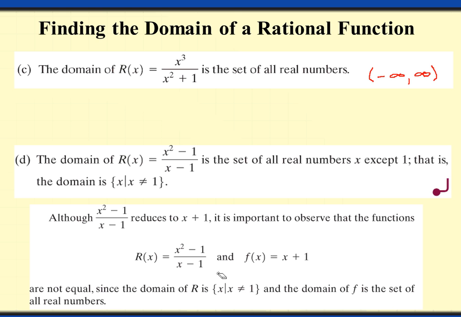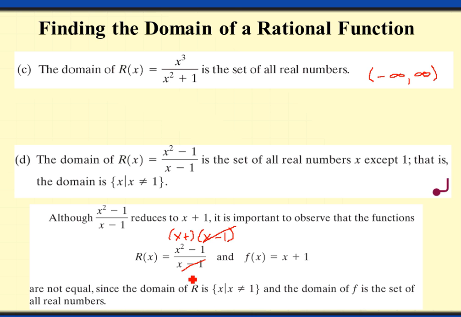It's x squared minus 1 over x minus 1. Remember, x squared minus 1 can be factored as x plus 1 times x minus 1. And if we did that, we would have this factor of x minus 1 in the numerator and this factor of x minus 1 in the denominator.